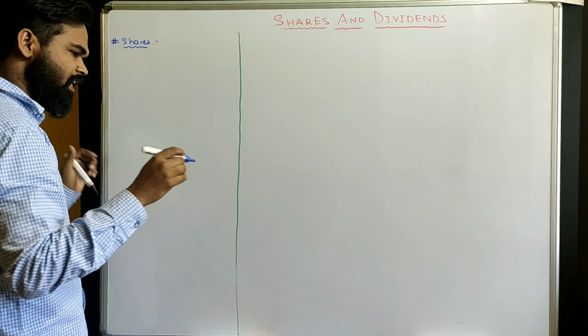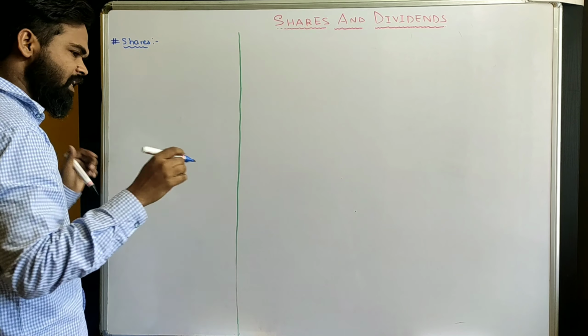Am I clear? So that's 4 times, that's 3 times. So n equals 2475 by 3, which is 825 shares. Am I clear?